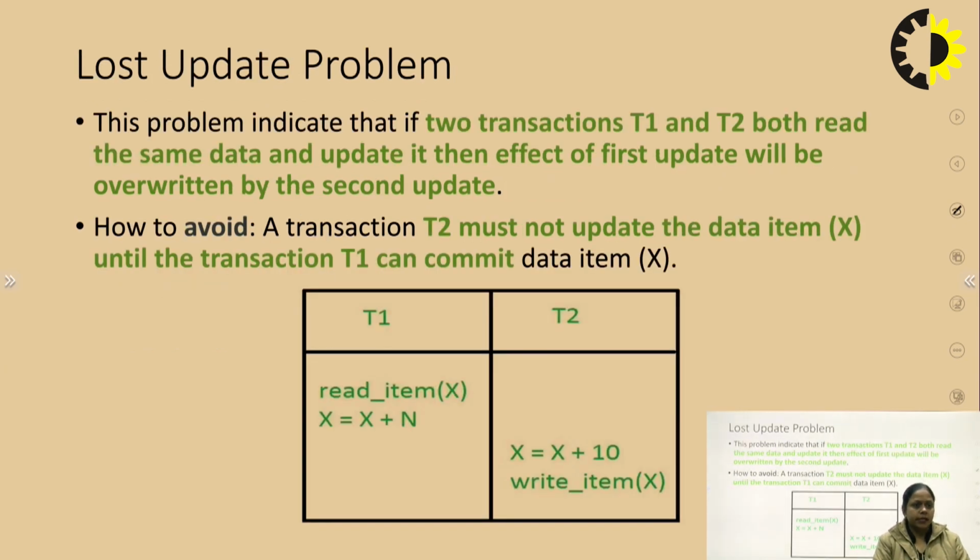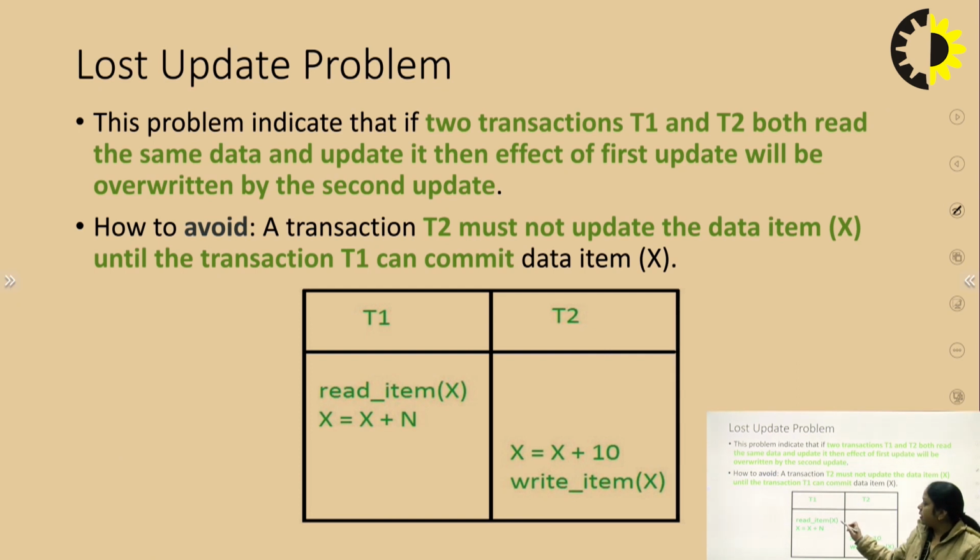This problem indicates that if two transactions T1 and T2 both read the same data and update it, then the effect of the first update will be overwritten by the second update. In this example, you can see this is one schedule where we have two transactions, T1 and T2.